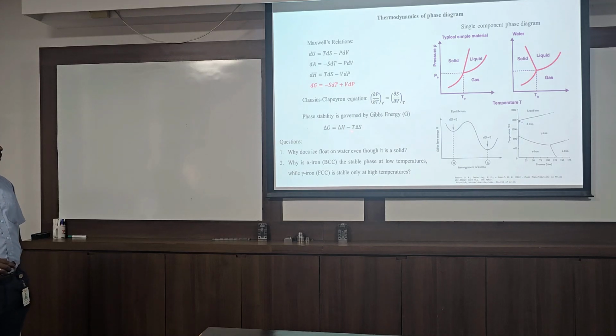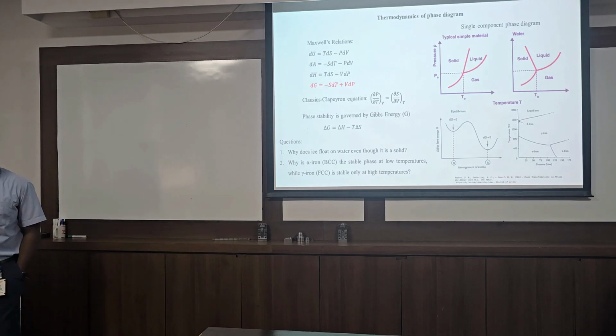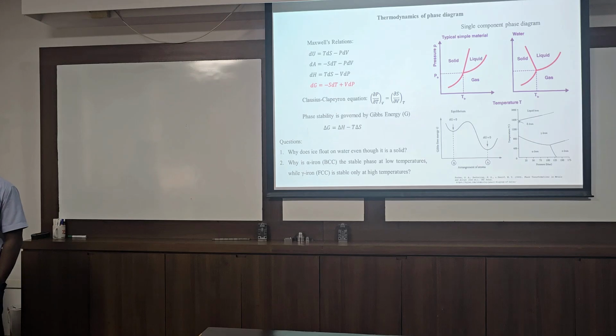So we can write the Gibbs free energy as the enthalpy minus T delta S. You might have seen the Gibbs free energy expression. You heard about Gibbs free energy.